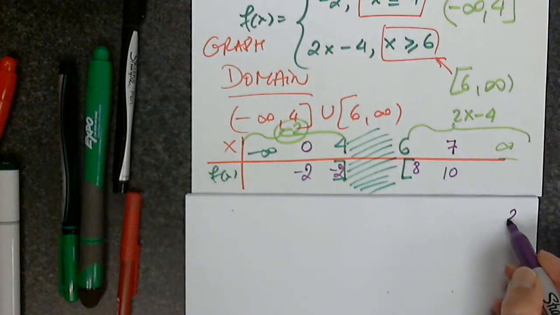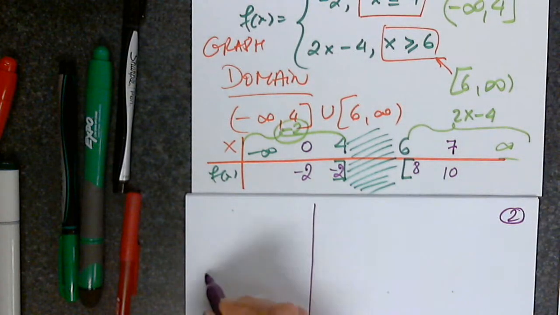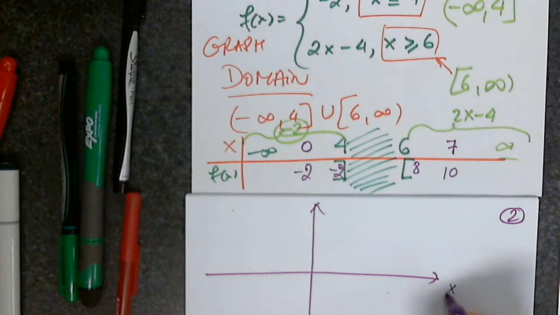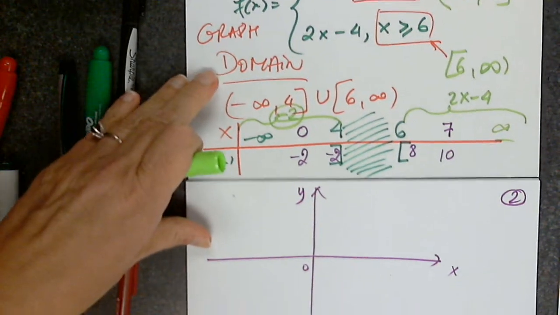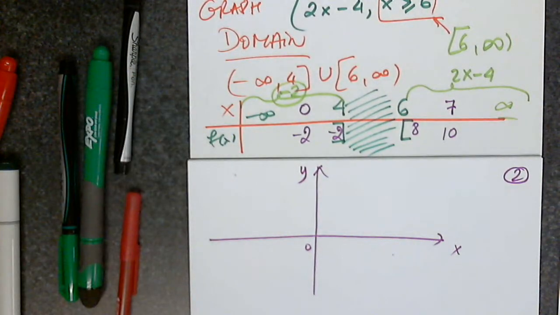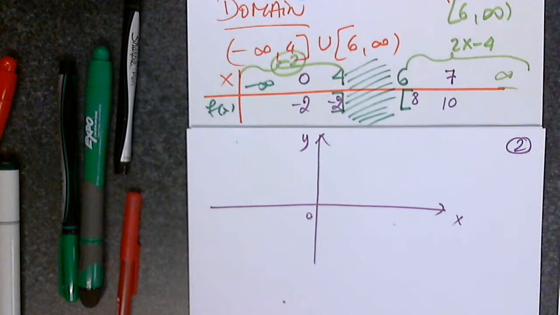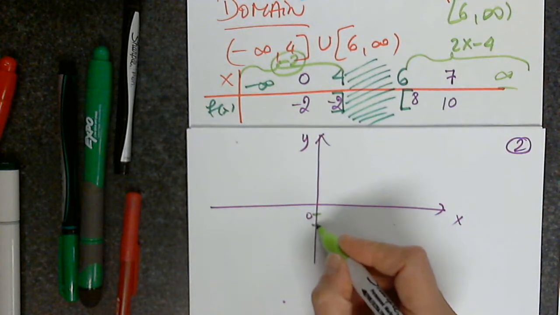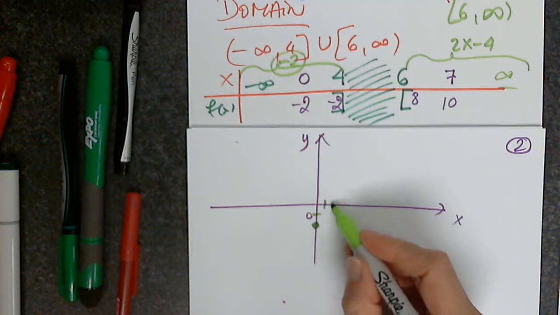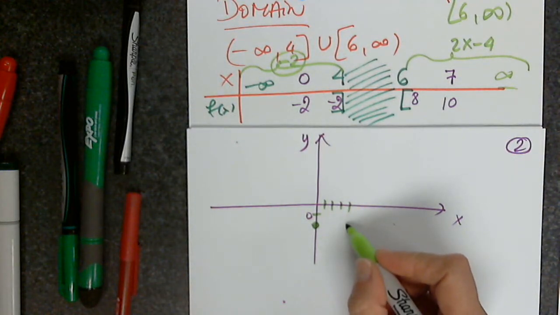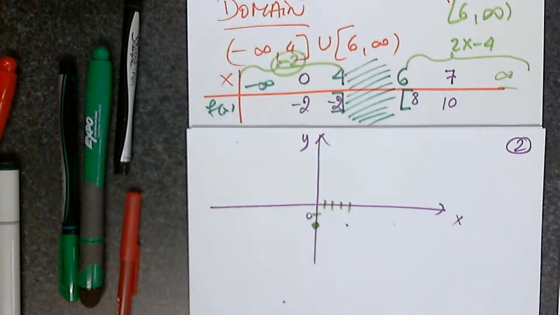So here's the graph. First ordered pair from left to right. Which one will I plot? Perfect. Next ordered pair that I have to plot. Is this a full point or an empty point?